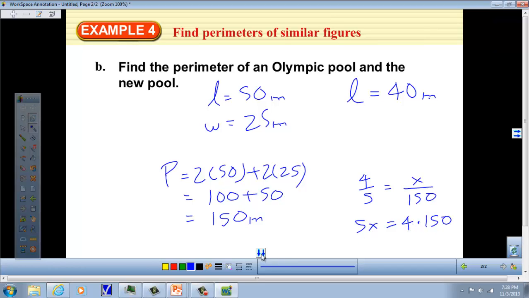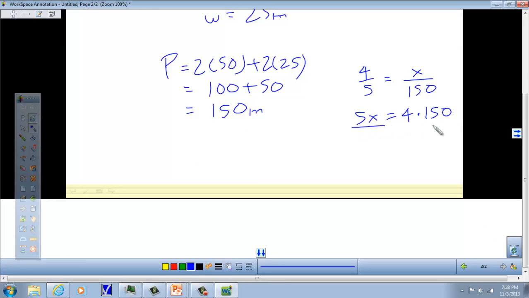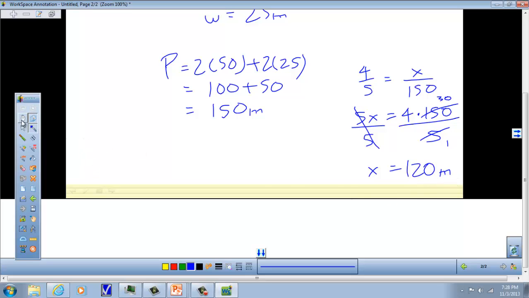I'm going to do it this way because I don't have a calculator in front of me, and it's just easier without a calculator. If we divide both sides by 5, we get x here, and over here I can divide top and bottom by 5. We get 1 here, we get 30 here. That tells us the perimeter for the new pool is going to be 120 meters.